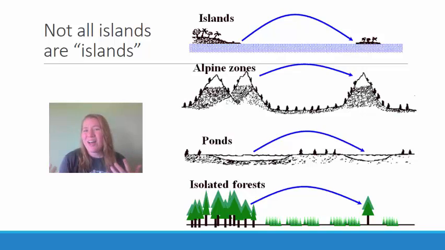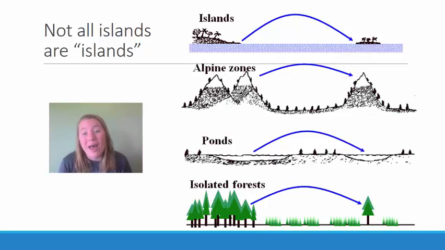But again, not all islands are islands. E.O. Wilson studied those little mangrove islands because they were a really great way to isolate a particular location. He could have done the exact same experiment looking at alpine zones or ponds or isolated forests. Now, it would have been much, much more difficult to isolate that particular location, to do the extermination and do the counting, but it would be possible.